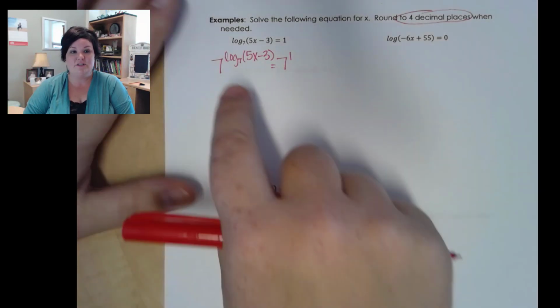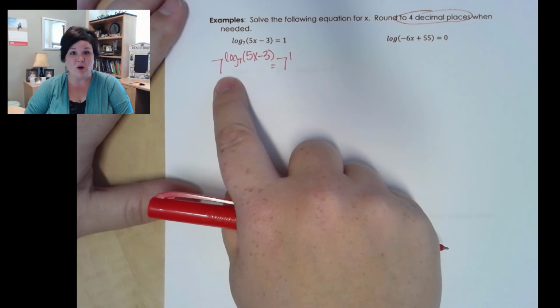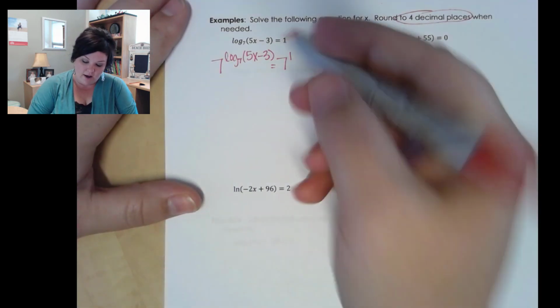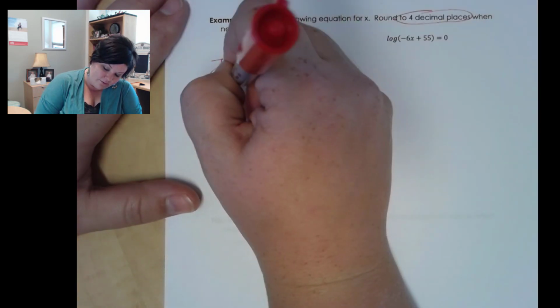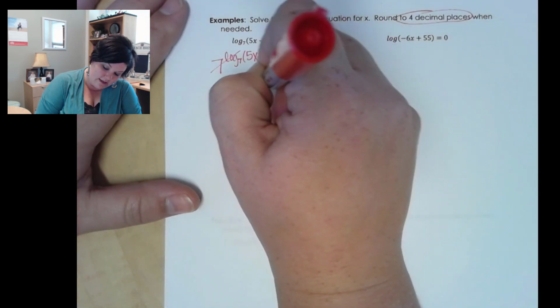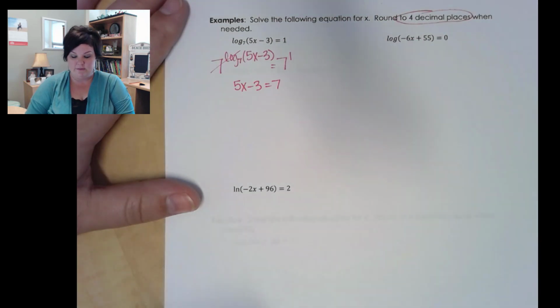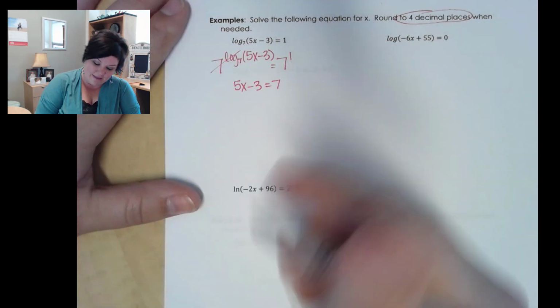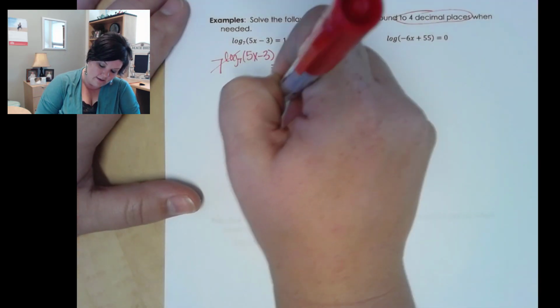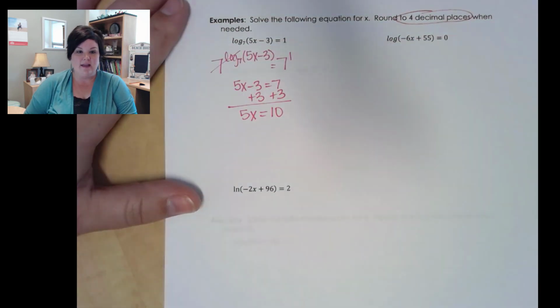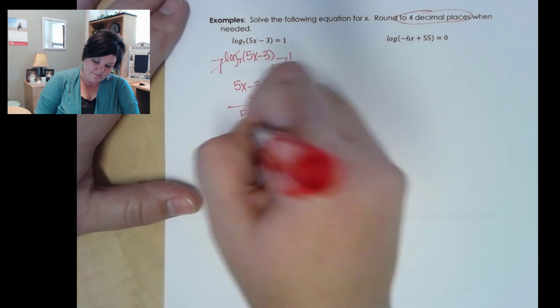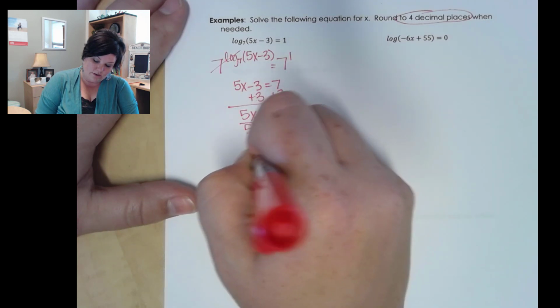Now we can use the inverse properties of logs to cancel our 7 and our log base 7. So we're left with 5x minus 3 equals 7. Then we just solve this for x. We add 3 to both sides, which gives us 5x is equal to 10. And then we divide off our 5, so we get x equals 2.